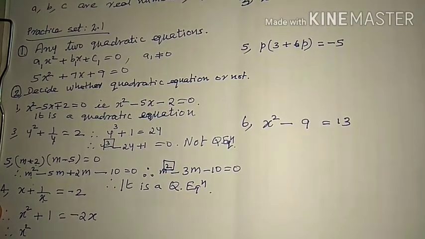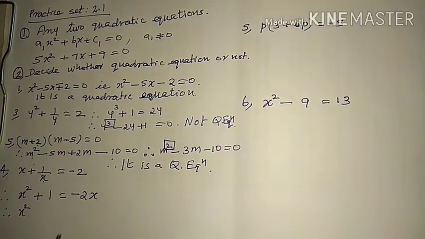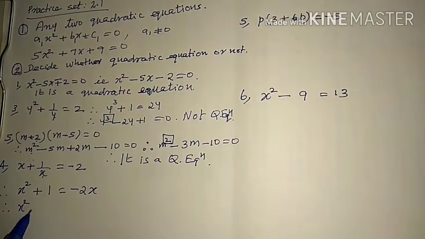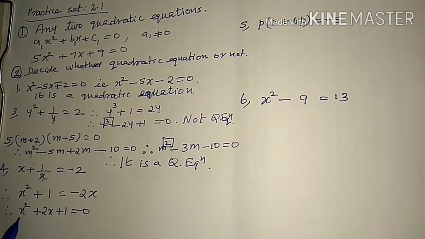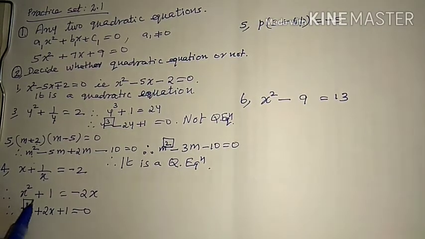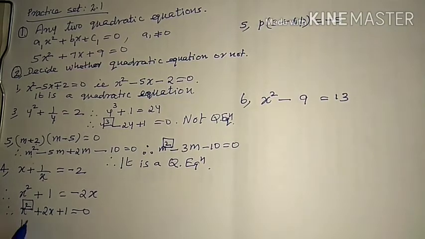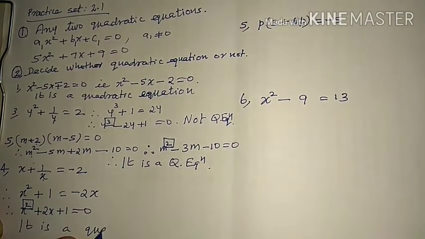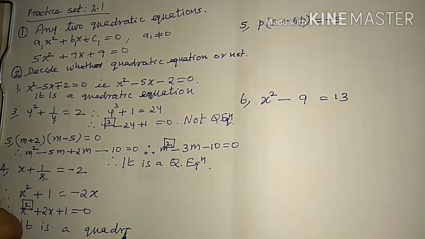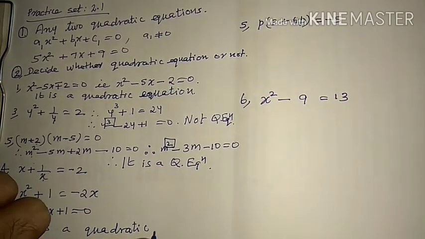Therefore this x square, this minus 2x comes here, plus 2x, plus this 1 equal to 0. What is the highest power here? 2. Therefore it is a quadratic equation.